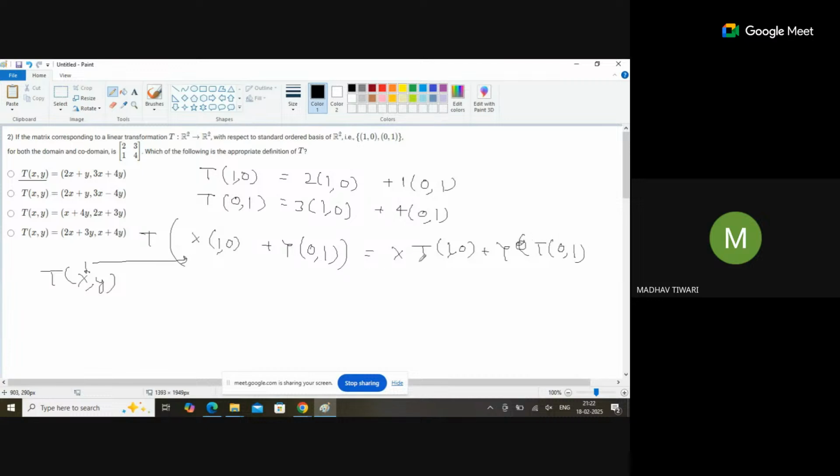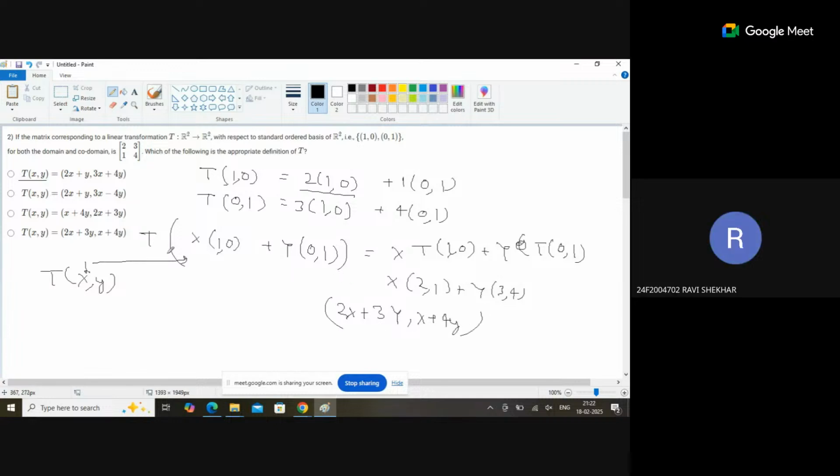The transformation of 1 comma 0 is 2 comma 1, so I get x times 2 comma 1 plus y times 3 comma 4. Adding these two, I get 2x plus 3y comma x plus 4y. Is that clear?